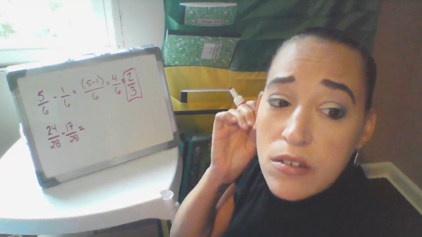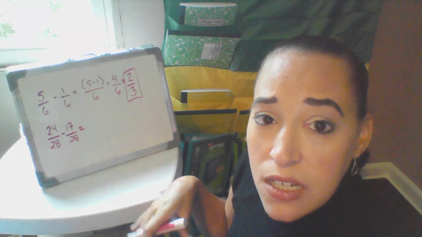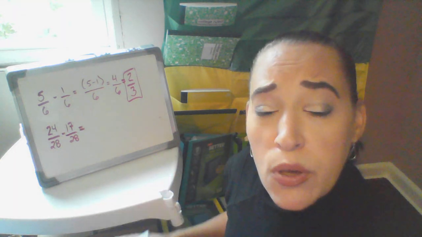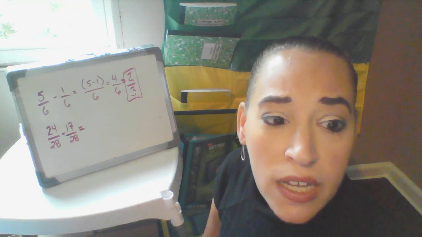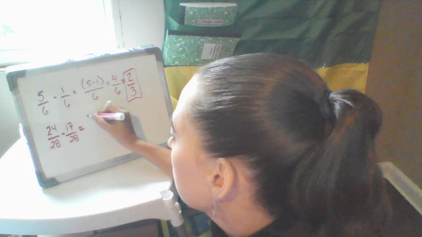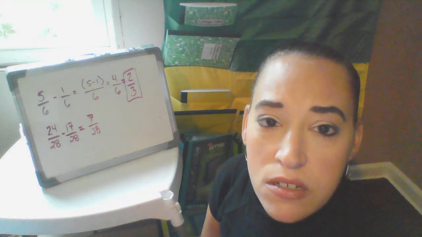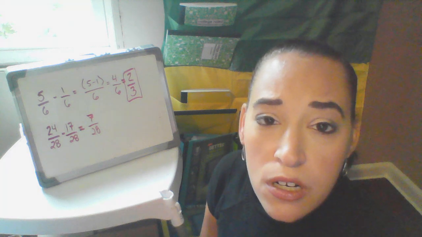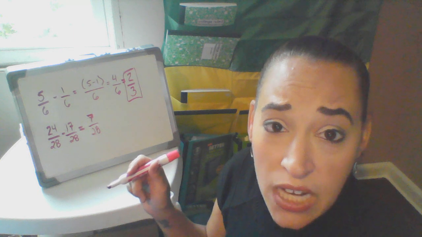Now we have 24 over 28 minus 17 over 28. First step, we check and make sure they have a common denominator. They both do, they're both over 28. Then you do 24 minus 17, and that equals 7. Then you ask yourself, is that in most simplified form? No. If you know your 7 times tables, you would know that 7 goes into 28.